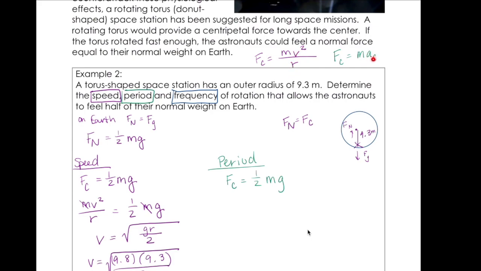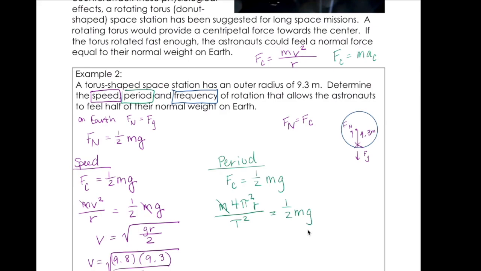I can also plug in the equation that we have that includes period, which is the 4 pi squared r divided by period squared, into this to find F c. Okay, so I'm going to do that here. So F of c is going to be equal to m, and then 4 pi squared r divided by period squared, and that equals my 1/2 mass times gravity.